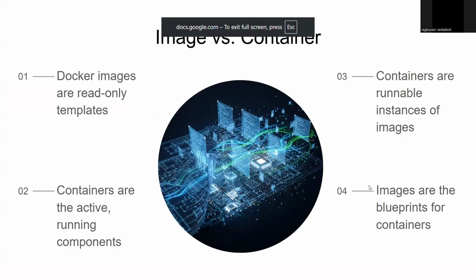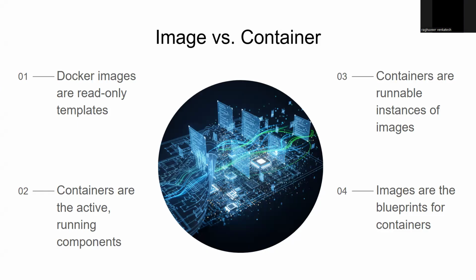So now let's talk about what a Docker image is and what a Docker container is. Images and containers are two different things in Docker. A Docker image is like the template, like a blueprint, or in simple words, like a recipe.